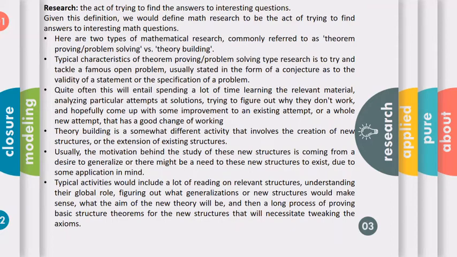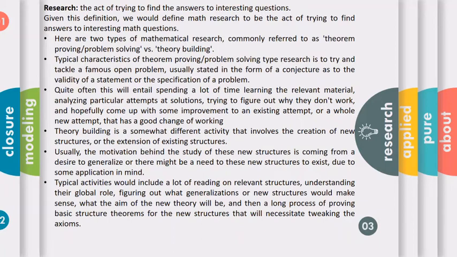There are two types of mathematical research, commonly referred to as theorem problem solving and theory building. Typical characteristics of theorem problem solving type research is to try and tackle a famous open problem, usually stated in the form of a conjecture as a valid statement or specification of a problem.